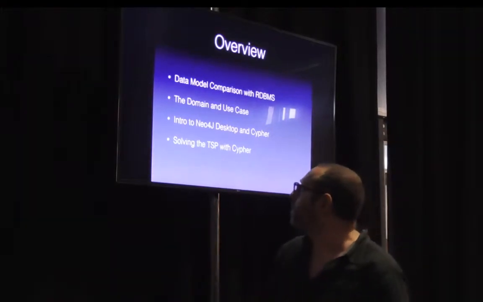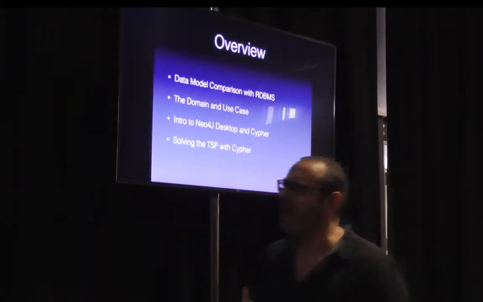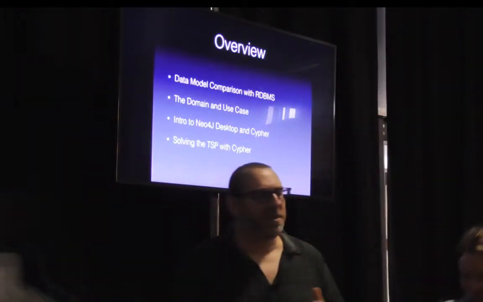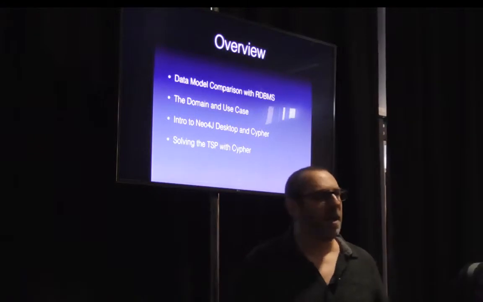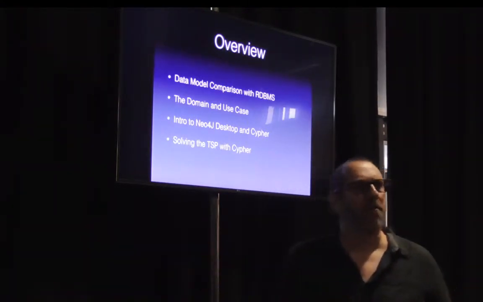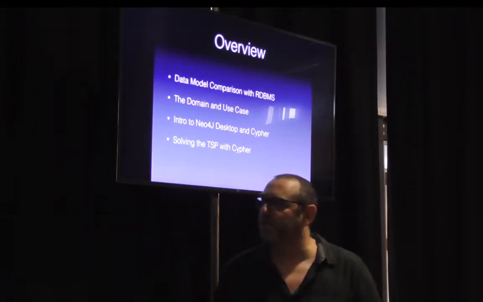That's great. Okay, so just to get an overview of what I'm going to talk about, first of all, I'll give a comparison from a data model perspective between the graph and the relational database. I think that's the key driver of why you'd use a graph rather than a relational database.